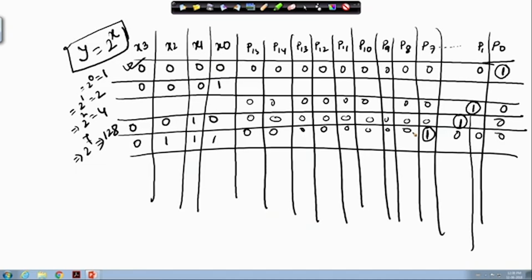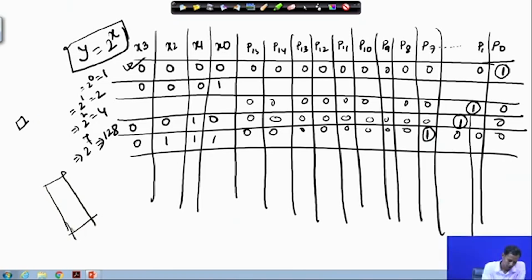In a decoder circuit, for a particular bit position we decode and it gives the corresponding 1 value. So I have 4 inputs and the corresponding 16 outputs. The same circuit I get for the function y equals 2 to the power of x. From the truth table we can conclude that.